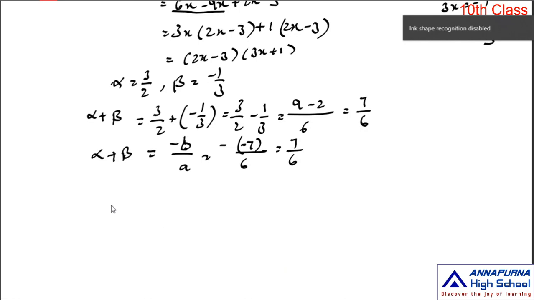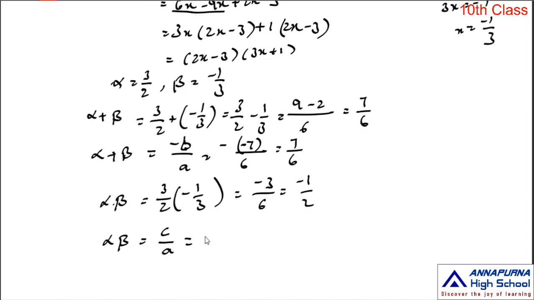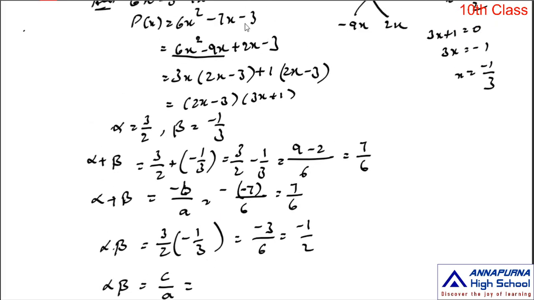And the product of the two zeros, alpha into beta, is equal to 3 by 2 into minus 1 by 3. It is equal to minus 3 by 6, which is equal to minus 1 by 2. And from the polynomial, the product of the two zeros is equal to c by a, that means constant by x square coefficient. Here what is the constant?